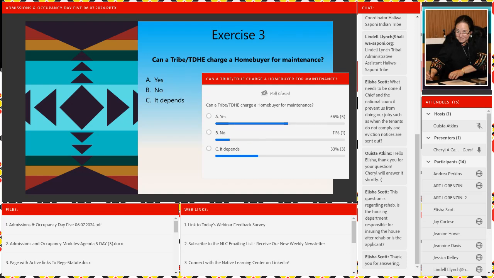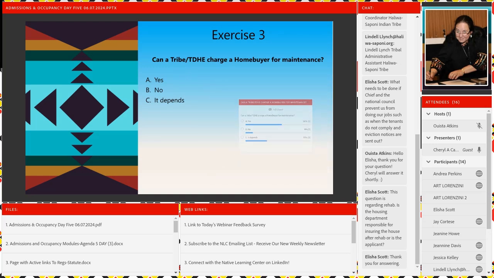Okay. So, yes, you may charge them for maintenance. As a matter of fact, we had a list of charges that we used for our rental and our mutual help. We charged for our maintenance men's time, always sent two, broke down to the quarter hour, and a standard charge for the replacement of a door, a window, a screen.